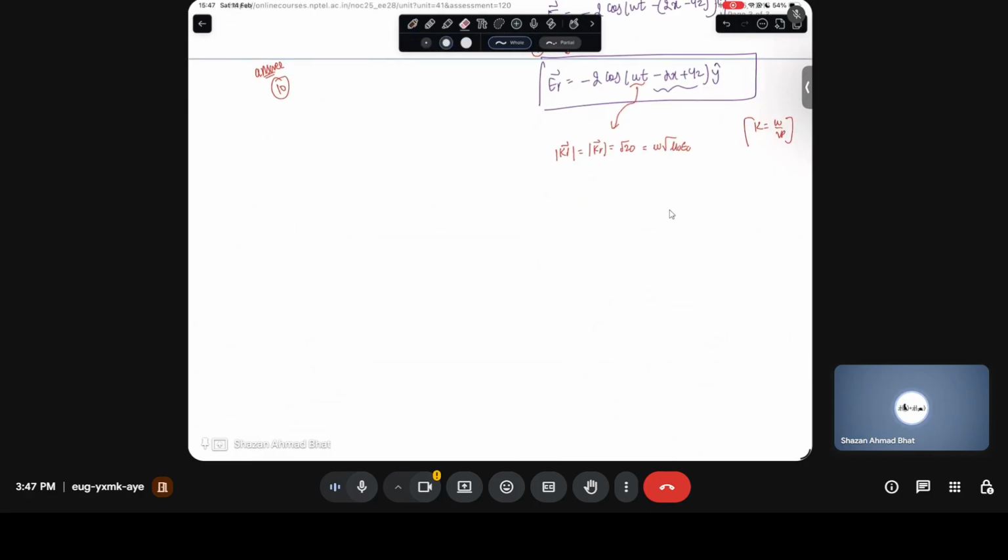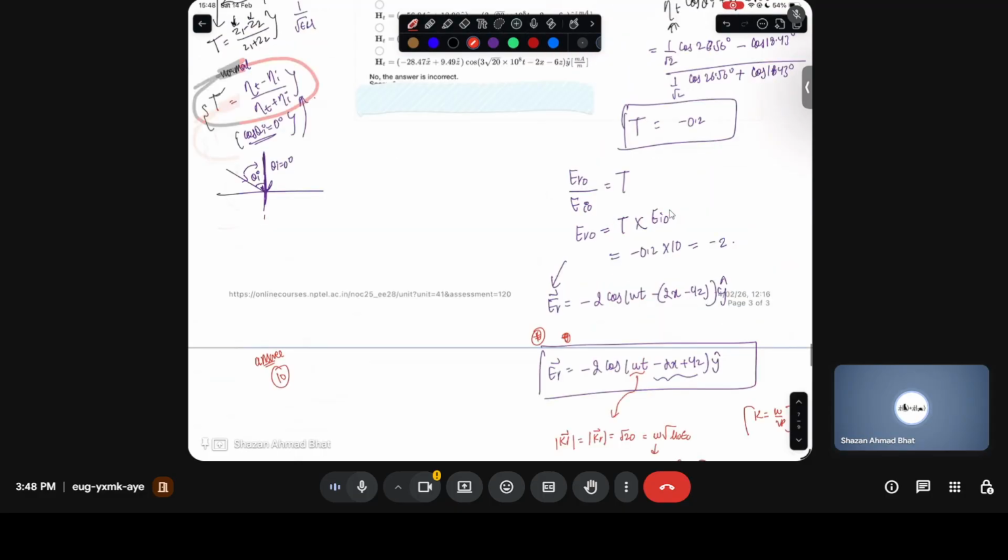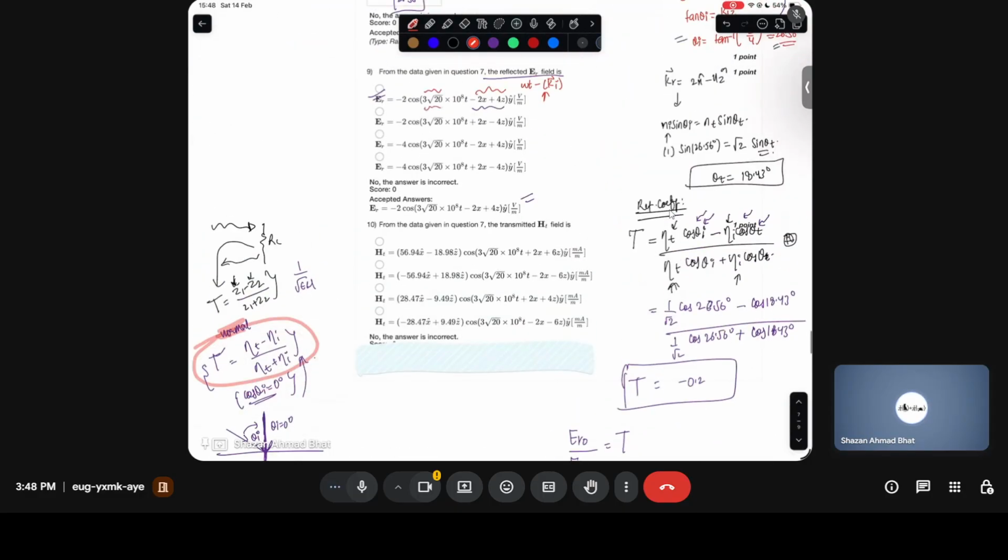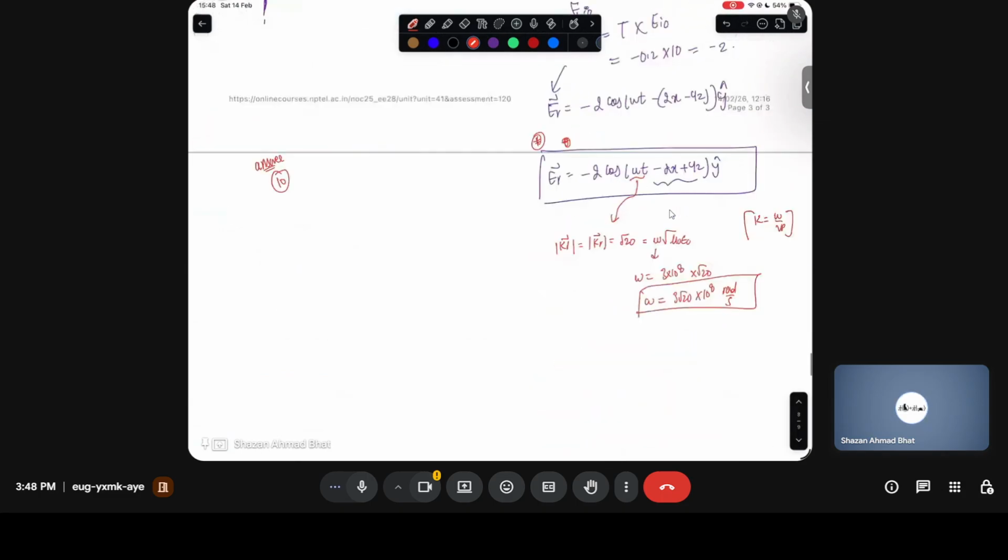So you can obtain omega from here. You get omega to be equivalent to 3 into 10 to the power 8 into square root of 20. So you get 3 root 20 into 10 to the power 8 radians per second. So we were missing this particular detail. So this is basically the correct thing.